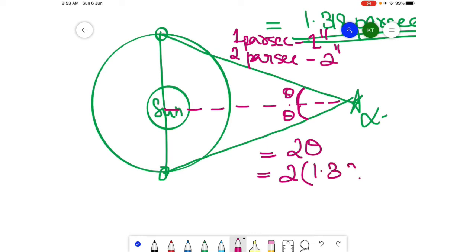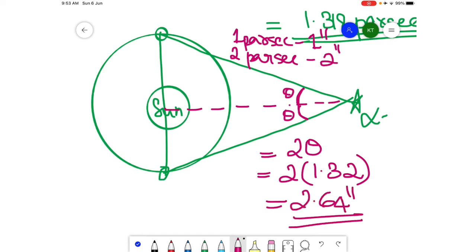Theta here is 1.318, which we can round off to 1.32. We'll get the value to be 2.64 seconds. Here 1 parsec will give you 1 second. 2 parsecs will give you 2 seconds. Therefore, 1.32 parsecs will give you 1.32 seconds. This is according to the definition.